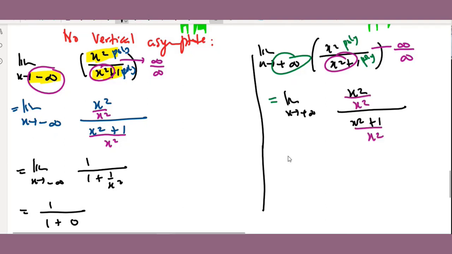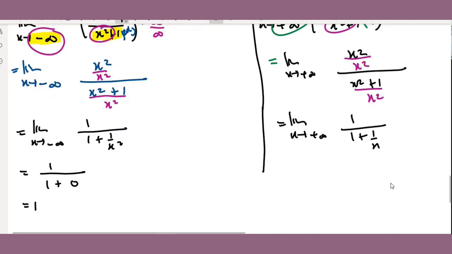Then simplify, 1 over 1 plus 1 over x squared. Can I skip this? Yes, you just show once and then skip. Then substitute, 1 plus 1 over infinity is equal to 0, giving 1. Okay, settle. And then how to determine whether the asymptote exists or not.